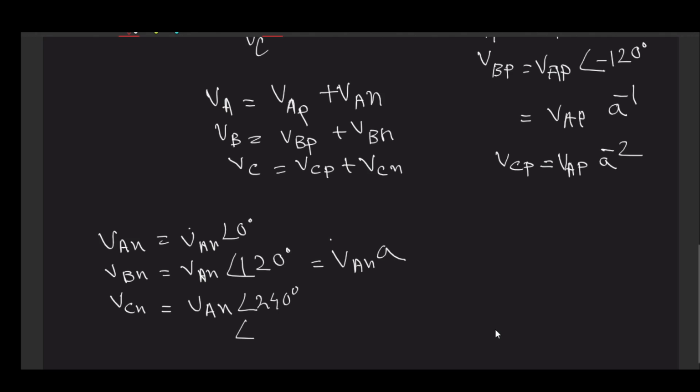Plus 240 degree means minus 120 degree also, so it is VAN A square, right? Now with all this, let us try to understand one simple thing, that if you add all of them, let me write it clearly.